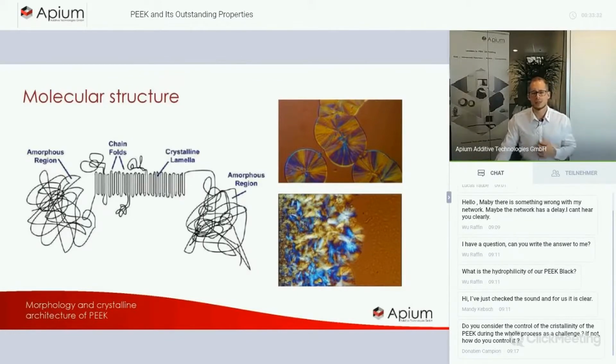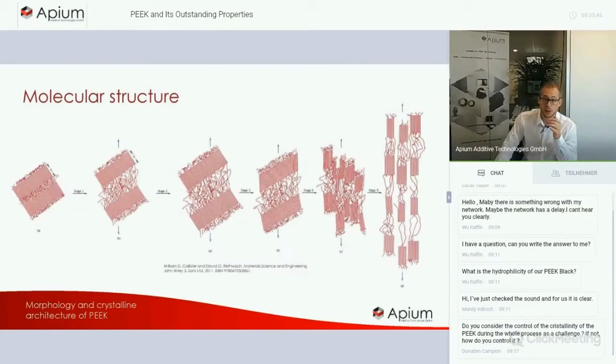So again, the crystalline structure is very critical. So we have the thermodynamic equilibrium, we have the formation of the crystalline lamella. And why do we need it so badly? When we are looking at a tensile test, so we are loading the part in a tensile mode.